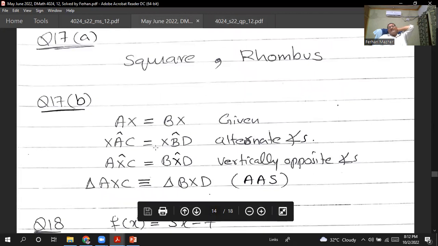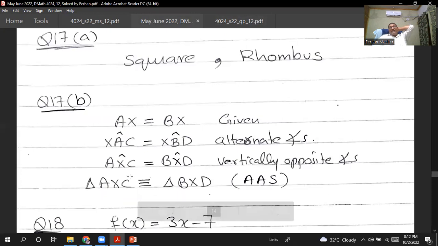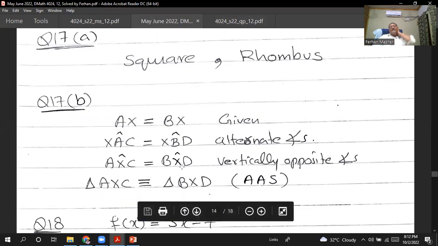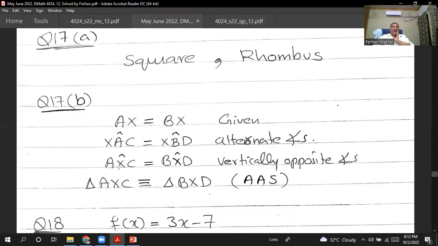The angle XAC equals XBD. They are alternate angles. AXC is equal to BXD. They are vertically opposite angles, so they are equal.